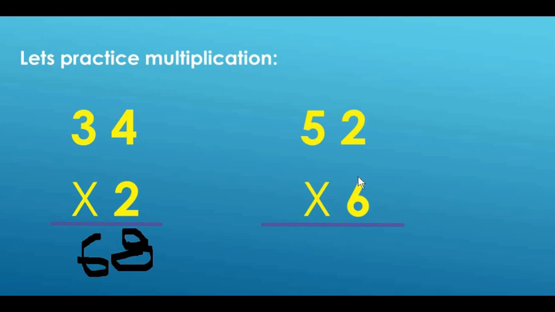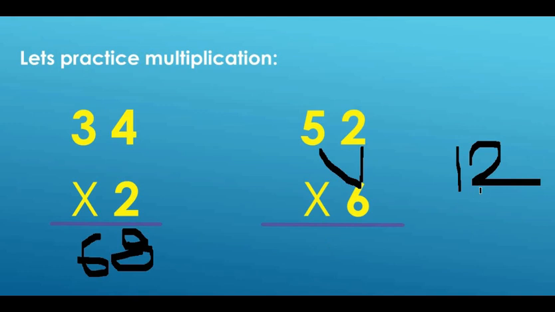That means at first 6 is multiplied with 2, then 5. So 6 twos are 12.